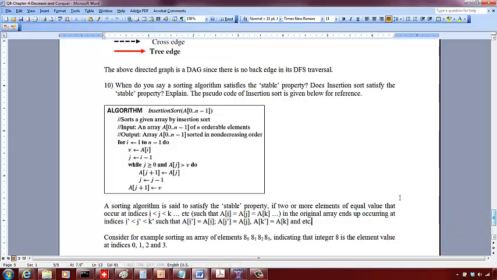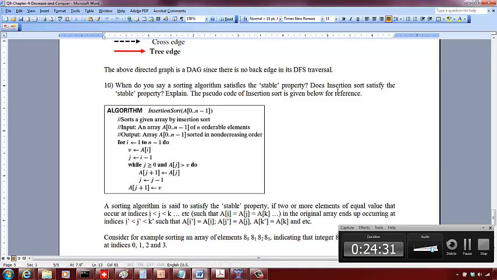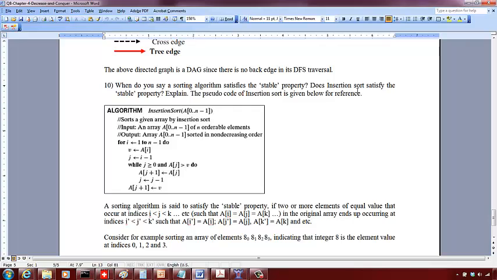Alright, so when do you say a sorting algorithm satisfies the stable property? Okay, so we want to also say whether insertion sort satisfies the stable property.